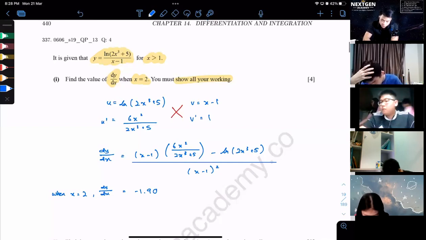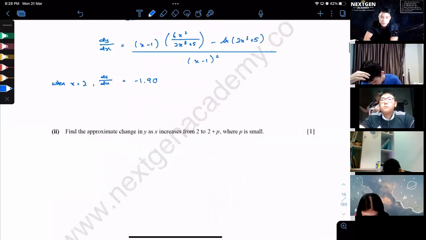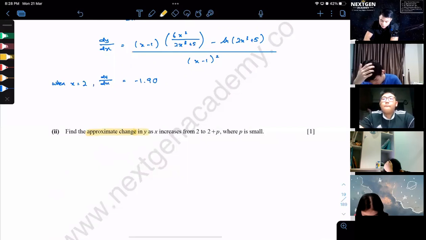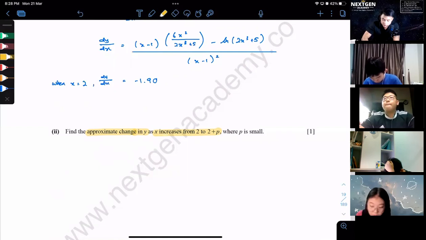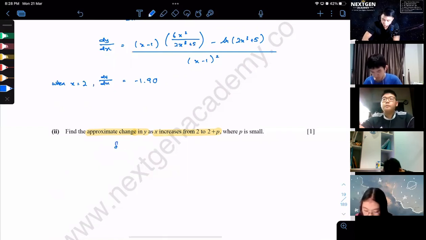Now we come to this question: approximate change in y as x increases from 2 to 2 plus p. So this is an approximate question. Wherever we see approximate, the only equation I asked you all to write down is delta y over delta x equals dy over dx.